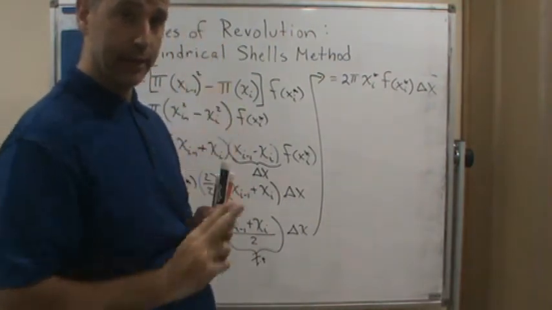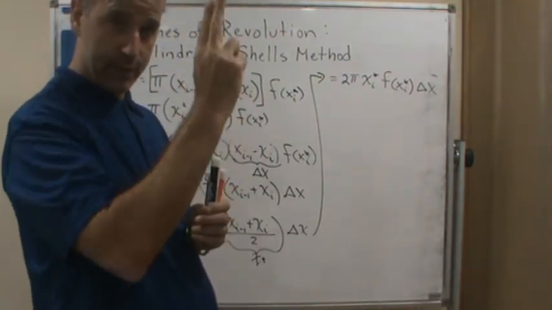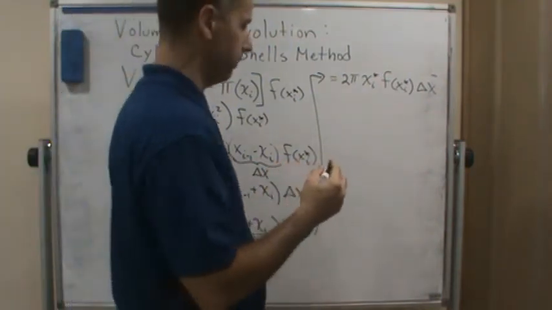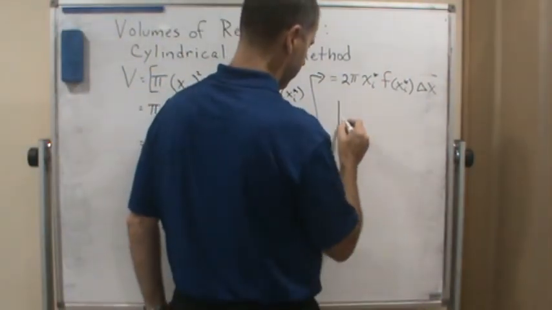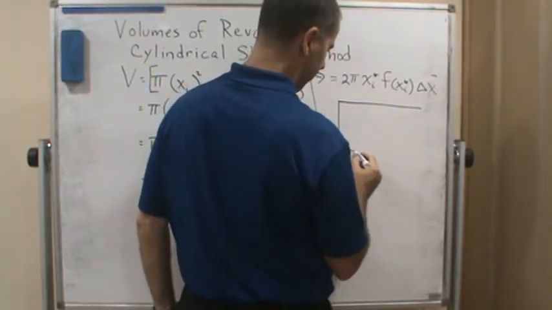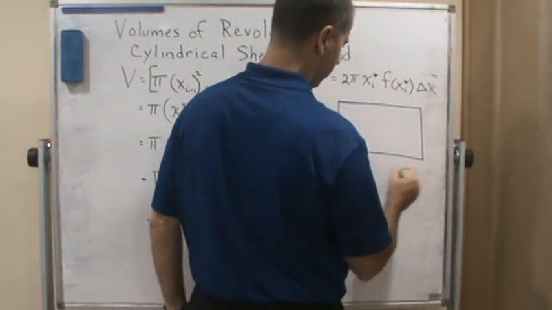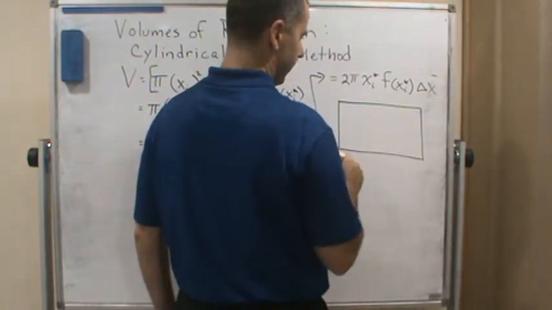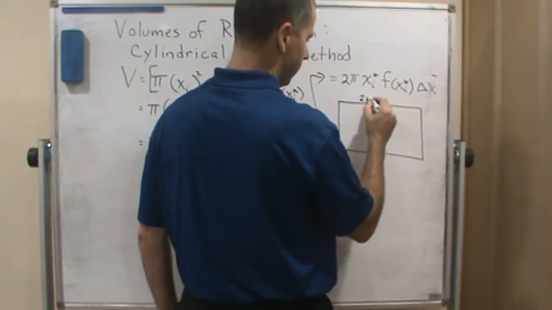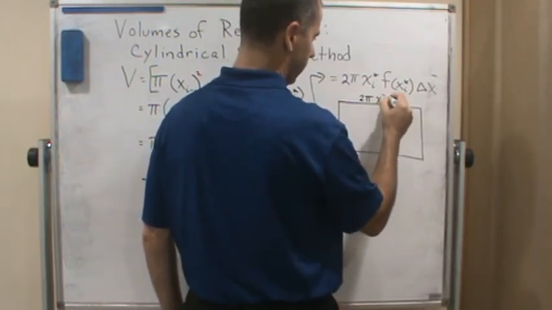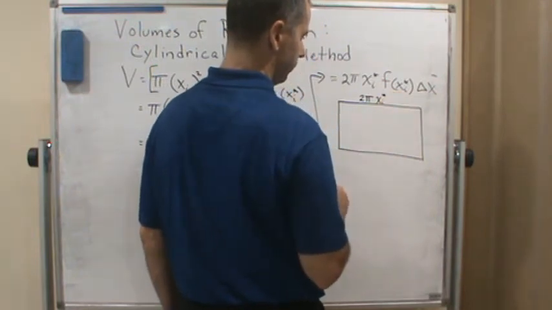And what if we cut up the side and unravel it, basically unrolling the can? What are we going to get? This length is going to be 2 pi x sub i star.